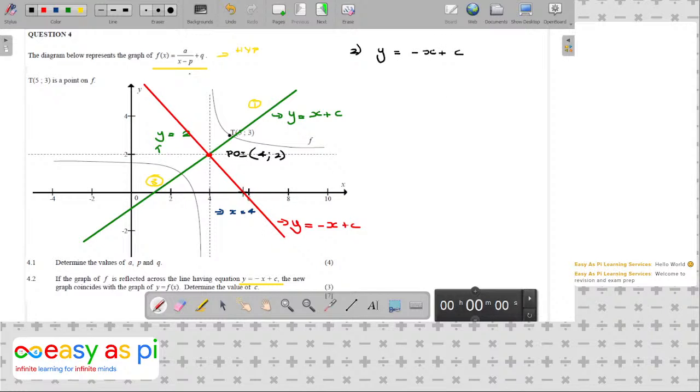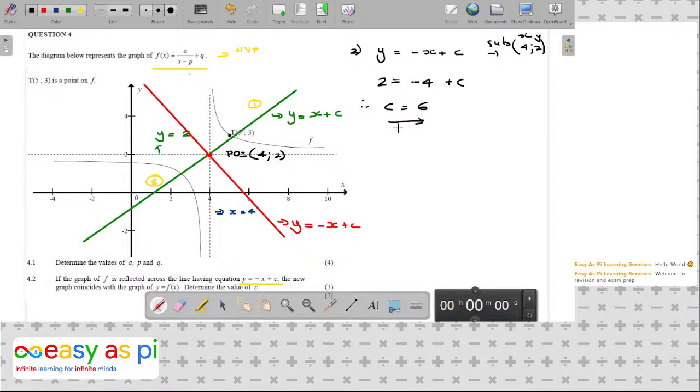And do we have a point that runs on this red line? Yes, we do. We have the point of intersection, which is 4 and 2. So we're going to substitute 4 and 2 where we see x and y. And so we can say 2 is equal to minus 4 plus c. Therefore, c must be equal to 6.